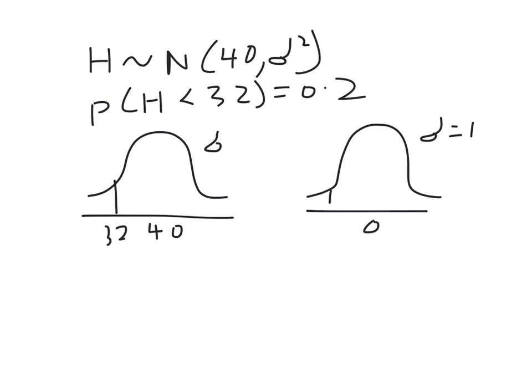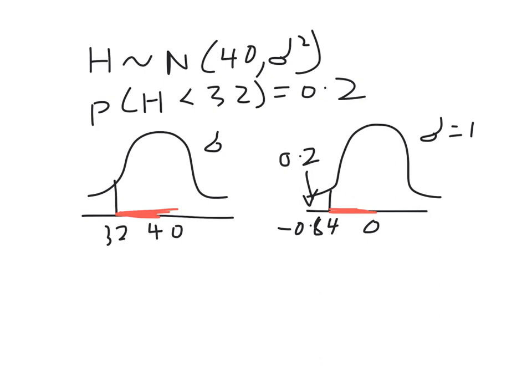And by using the inverse normal button on the calculator, if we know that this area here is 0.2, looking up inverse normal, this is minus 0.84. So we can compare the two diagrams. The gap between 40 and 32 is the gap between 0 and minus 0.84.